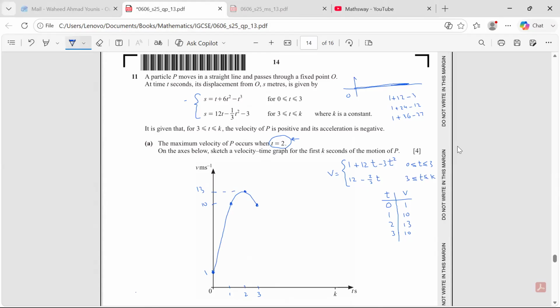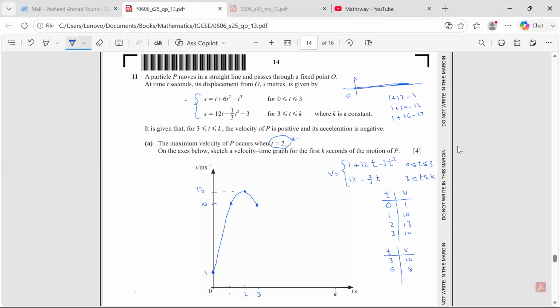Now, the second part of this equation is a straight line. So let me make only 2 points. When t is 3 seconds, it is 12 minus 2, so this is 10, and this is consistent with the previous one. And when time is, let us see, 6 seconds, it is 12 minus 4, so this is 8.